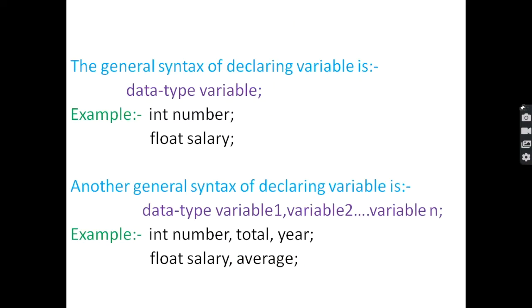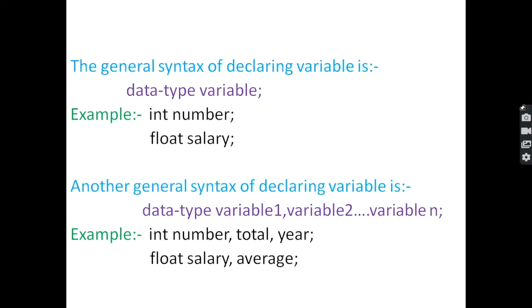Next, the general syntax of declaring a variable. First syntax: data type variable. Example: int number, float salary. Here int is a data type and number is a variable, and float is a data type and salary is a variable. Another general syntax of declaring variables is: data type variable 1, variable 2, ... variable n.